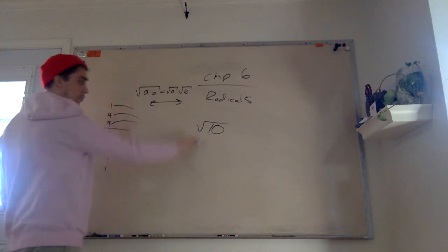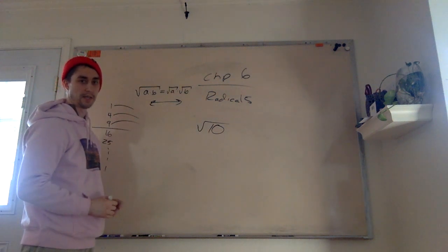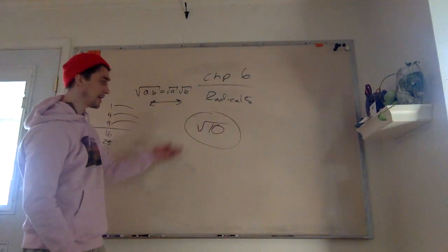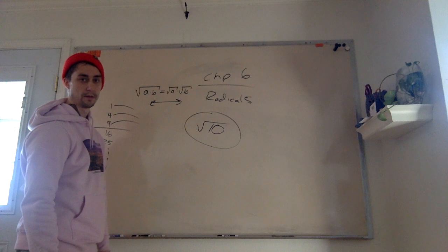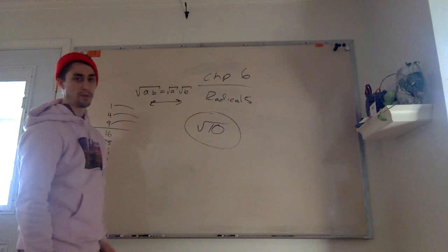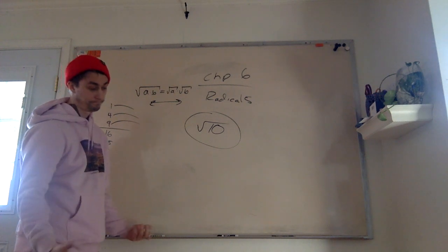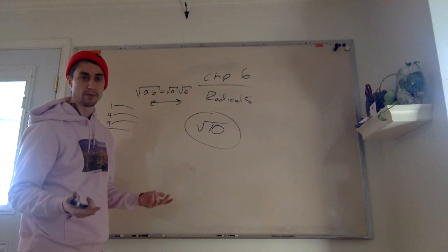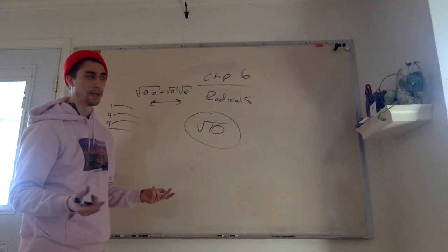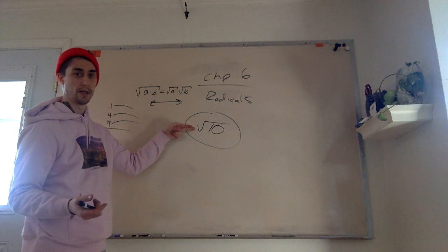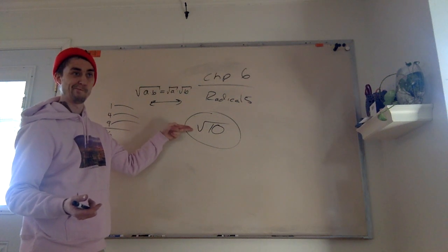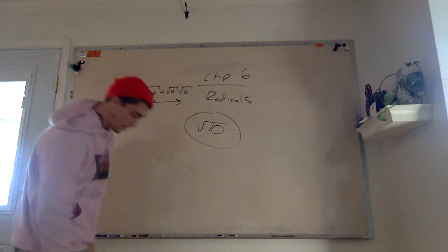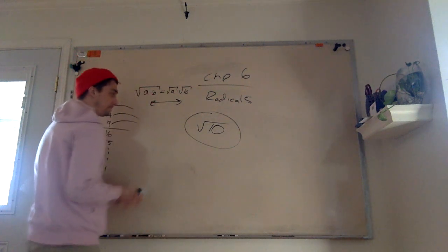So there is no perfect square that's a factor of 10, which means that that one's done. That's the simplified version of the square root of 10. That's as far as you can simplify that. So sometimes that happens. The point I want to make is that it's not always possible to do this. It's not like you can do this with every single number. That's just the way it is.